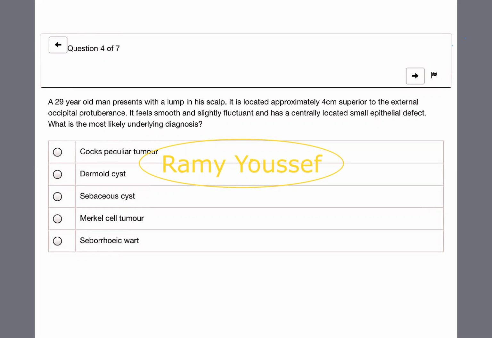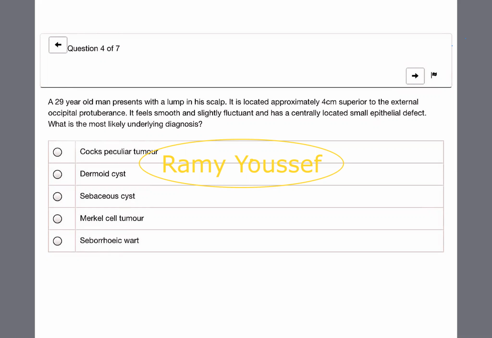The scalp, 4 centimeters superior to the external occipital protuberance. It is smooth, slightly fluctuant, and has a centrally located small epithelial defect. What is this epithelial defect? Sebaceous cyst.